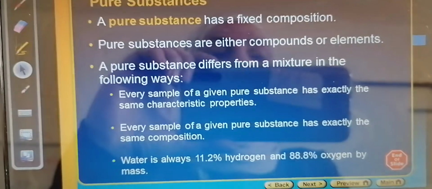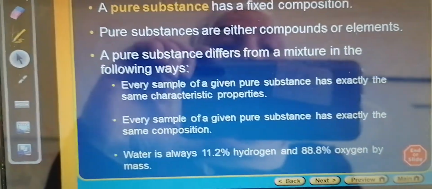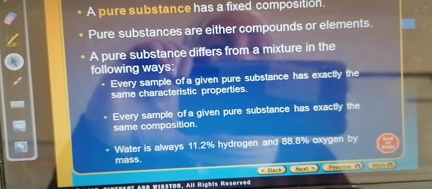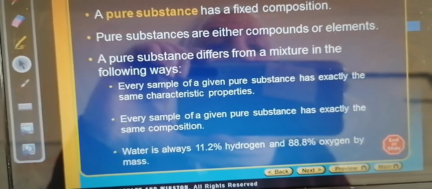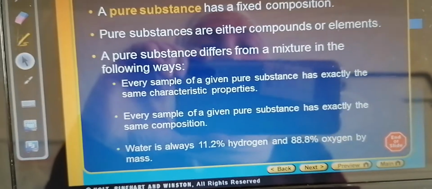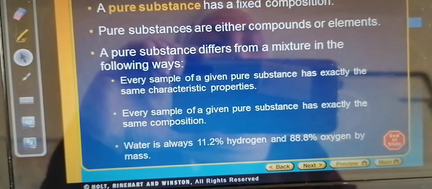Remember? Now, when it comes to composition, the atoms that make up a compound are always fixed. It has a fixed composition. So water is always 11.2 percent hydrogen and 88.8 percent oxygen.